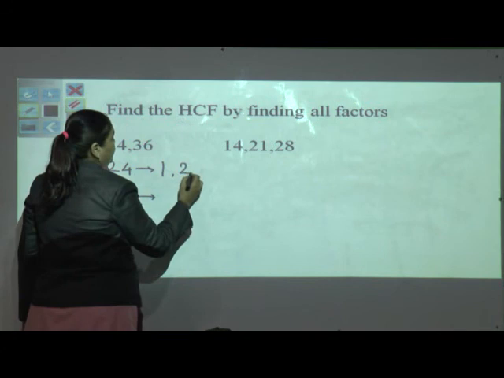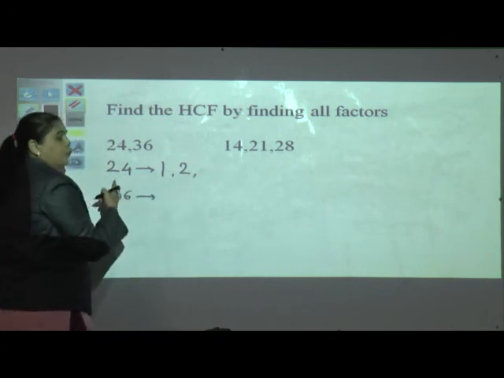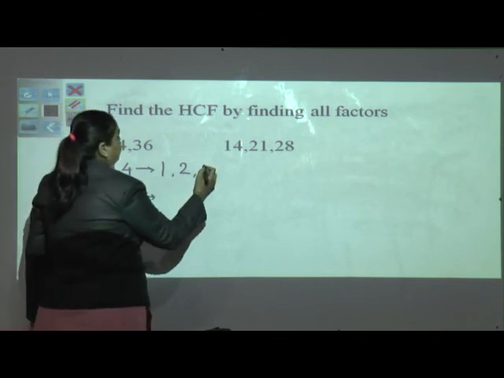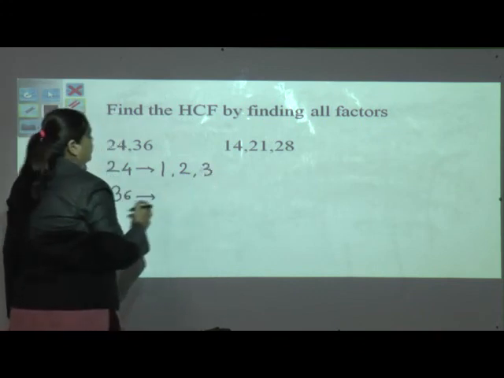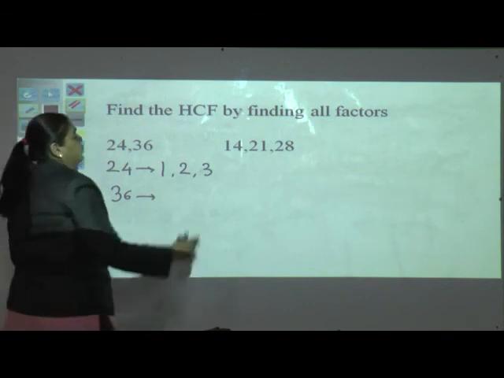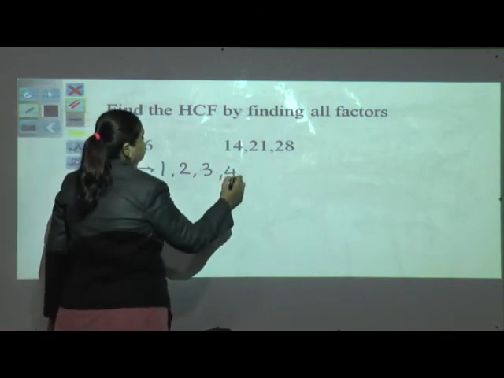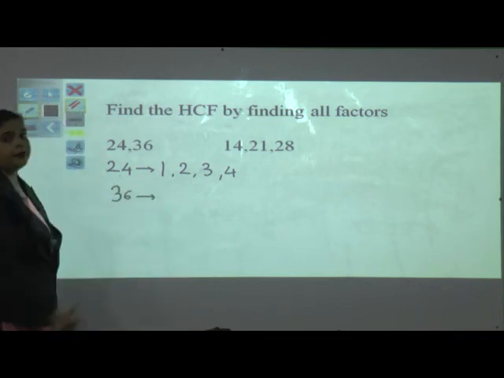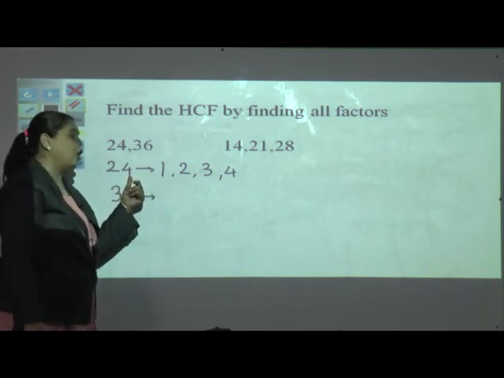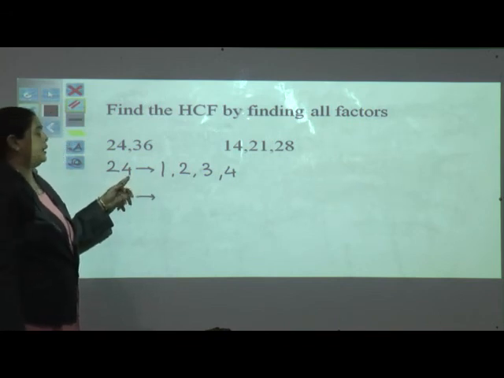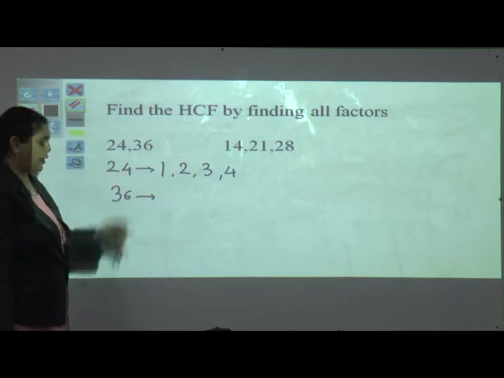Then 3, we get 24 in the 3 table. Then 4, yes, 4 6s are 24. Then the 5 table: it should have 5 or 0 in the ones place, then only we can say it is divisible by 5.